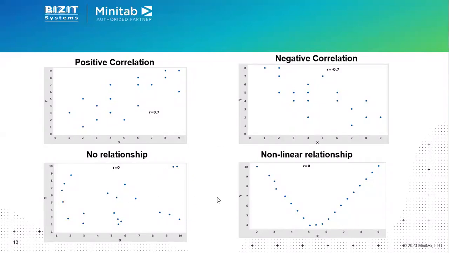And when your R equals 0, we have two meanings: it shows no relationship, or it shows a non-linear relationship. So to identify your correlation, you must use a scatter plot in order to avoid being misled. R equal to 0 may mean no relationship, or maybe a non-linear relationship. Okay, all of these are available in Minitab.